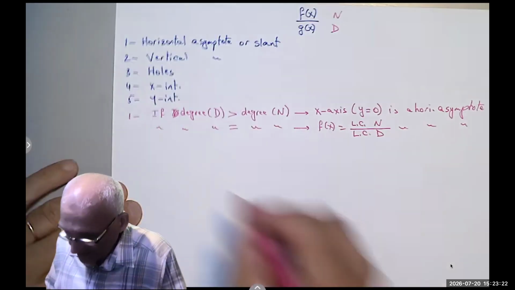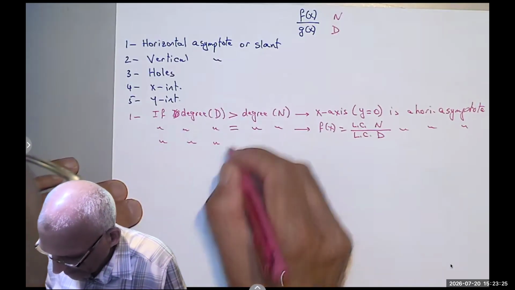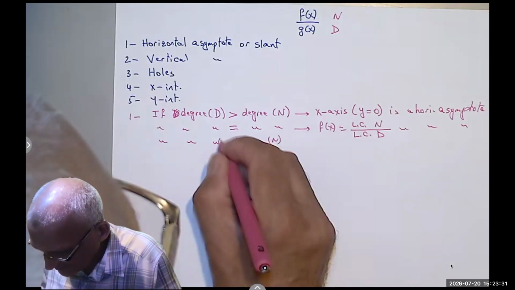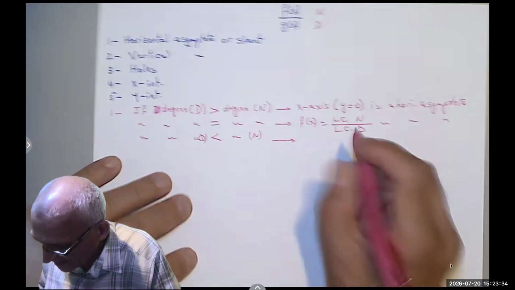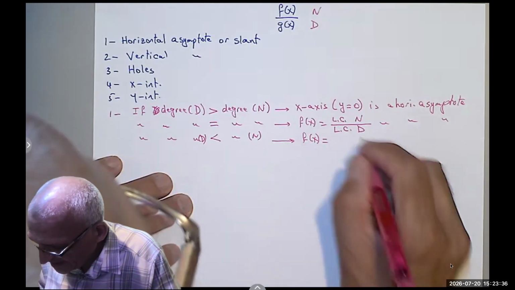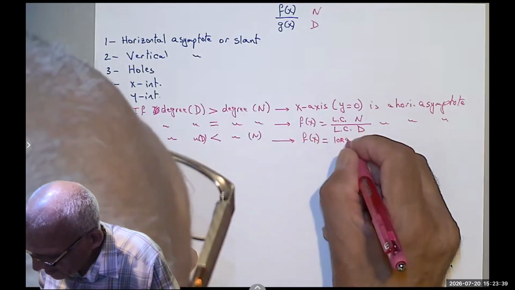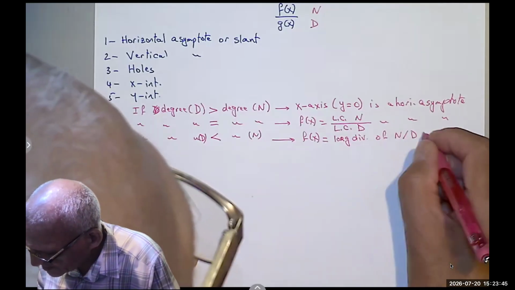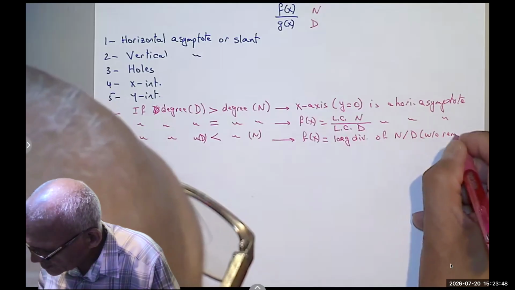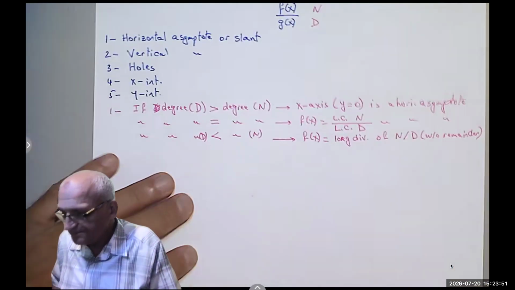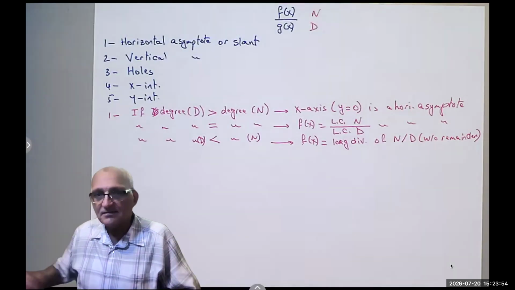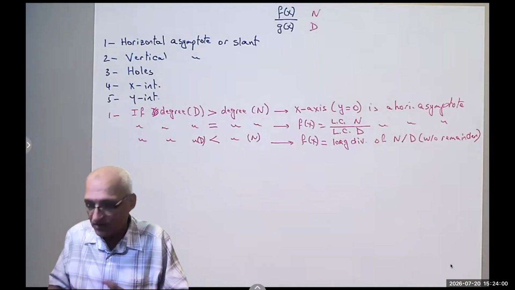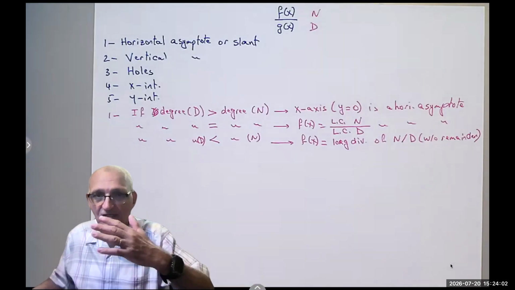Last case, if the degree of the denominator is less than the degree of the numerator, y would equal the long division of numerator over denominator without remainder. Once you get to the remainder, just ignore it. I truncate it. And that's how you find a horizontal or slant asymptote. There is nothing else, either greater than, equal, or less than.